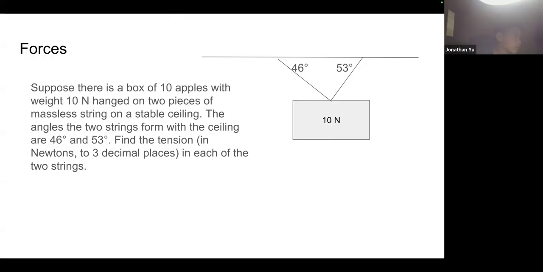So 10 newtons basically means that the gravity force acting down on it is 10 newtons. And we wanted the system to be balanced, which means that the three forces on this box are going to add to the zero vector.